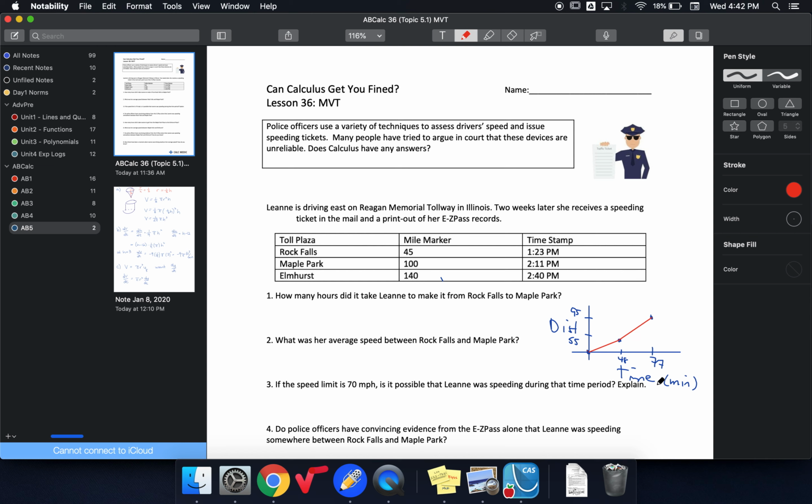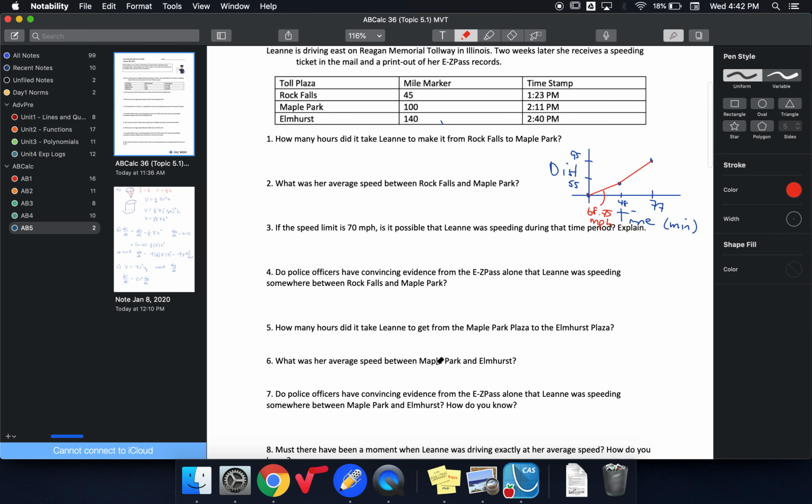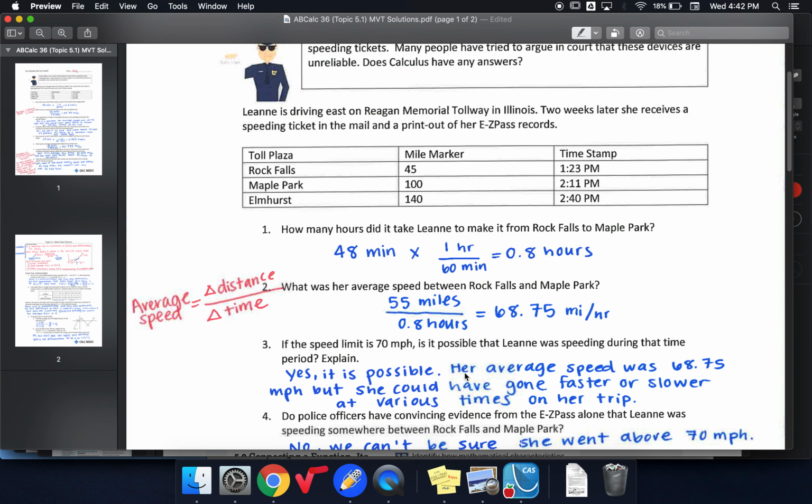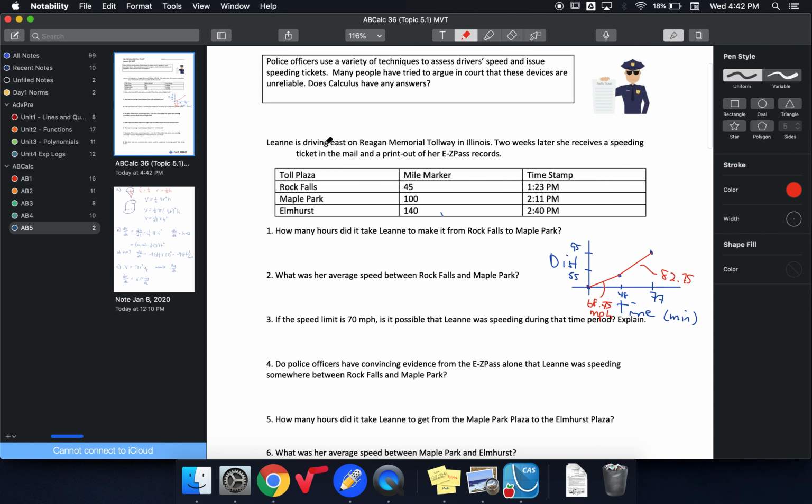So converting from minutes to hours, I can calculate my miles per hour. So we saw that this one had a slope that was 68.75 mph. If you calculate out this one, which is what they ask you to do down here, so if we do that, and we know that she was driving continuously on the highway.